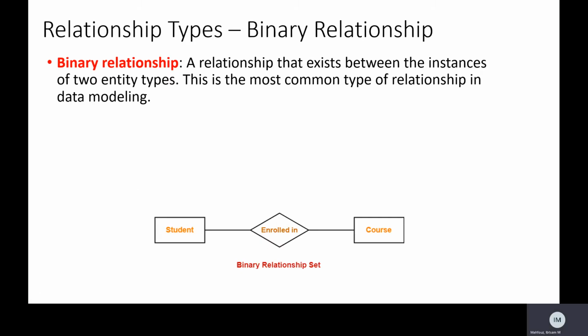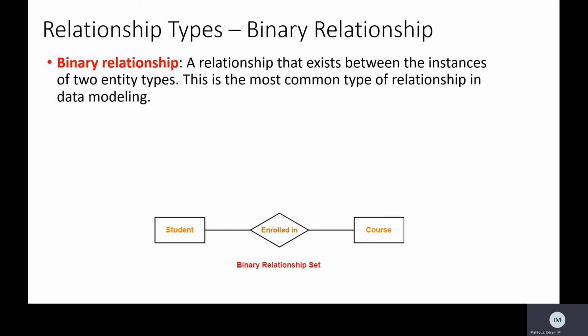If the relationship contains two entities, then we say that is a binary relationship. When we looked at the one-to-many relationships, those contained two entities. If a student is enrolled in a course, here I have two entities, so we say that is a binary relationship.